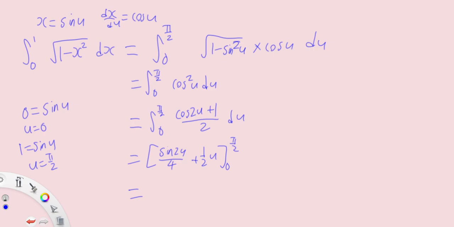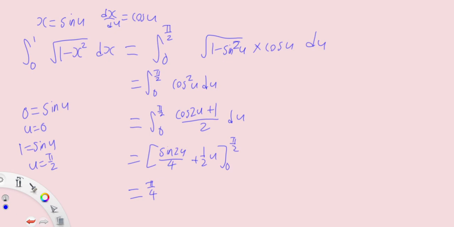Sine 2u, so you put in the limits again. Putting in u equals pi over 2, I get sine pi, which is 0, plus half u, so I get pi over 4. Now I substitute in 0: sine 0 is again 0, half 0 is again 0, so I'll get pi over 4.